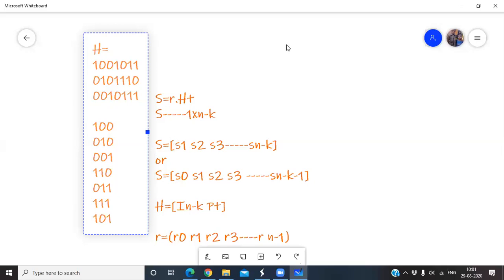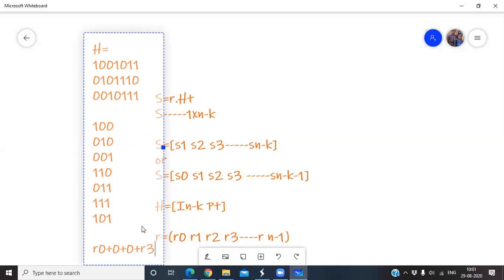Now R0 into 1, plus R1 into 0, that is 0, plus R2 into 0, that is 0, plus next R3 into 1, that is R3.